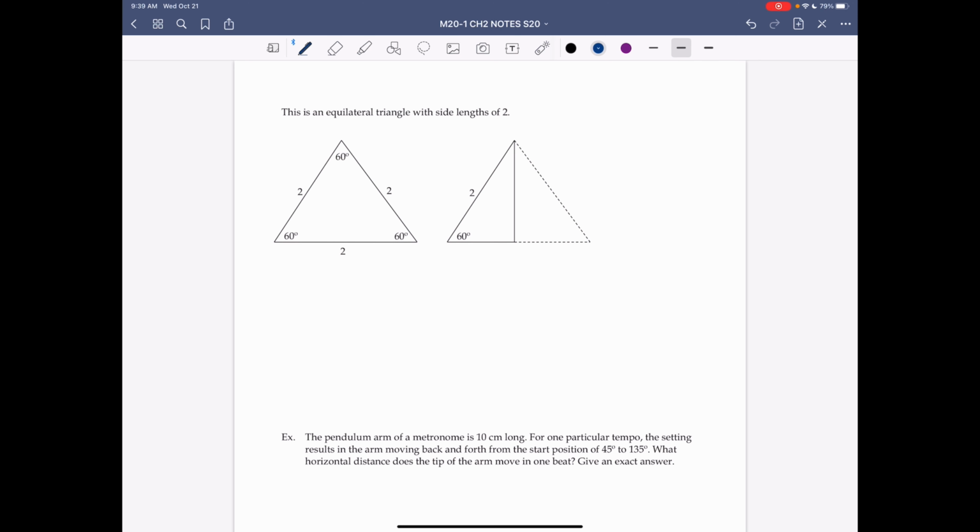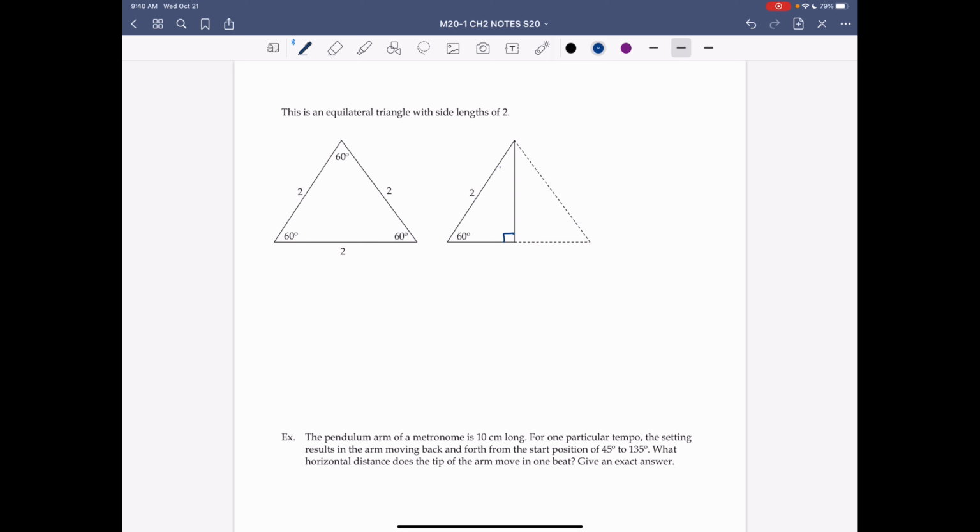The second special triangle you need to know starts as an equilateral triangle with side lengths of 2. Equilateral triangles have all 3 sides equal to each other, and all 3 angles are equal, and they must equal 60 since they need to add to 180. Then if we cut this equilateral triangle down the middle, we get a right triangle with one acute angle of 60.